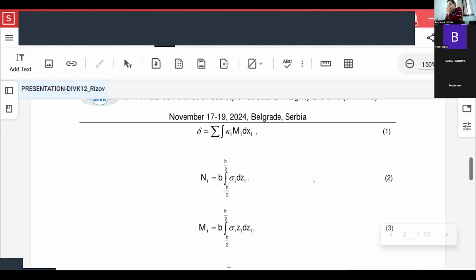Equations 2 and 3 are used for determining the curvature and the neutral axis coordinate. In formula number 2 and 3, B is the width, H is the thickness of the cross section. The stress sigma I is found by using formula number 4.